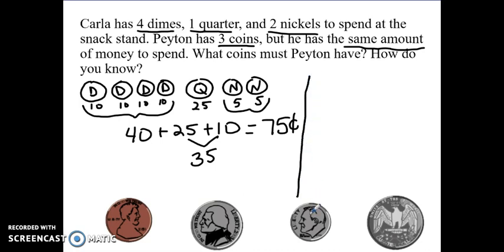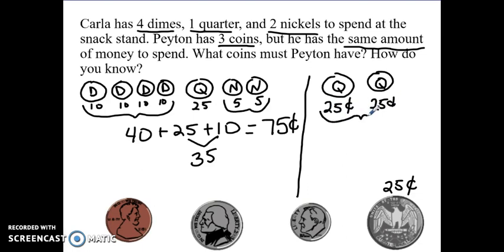Well, I'm going to start by using my largest coin, which is 25 cents. And it's the quarter. So, if she has 1 quarter, that's 25 cents. I'm going to add another quarter. And now, 25 plus 25 will give me 50.